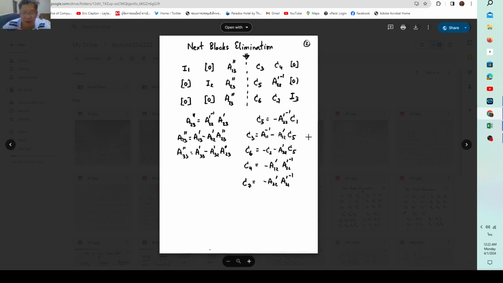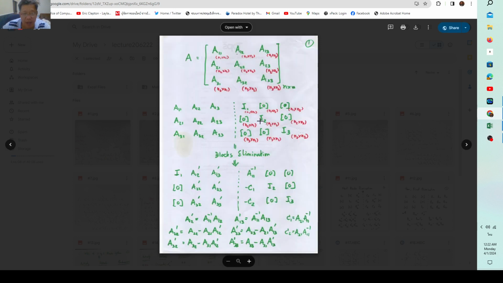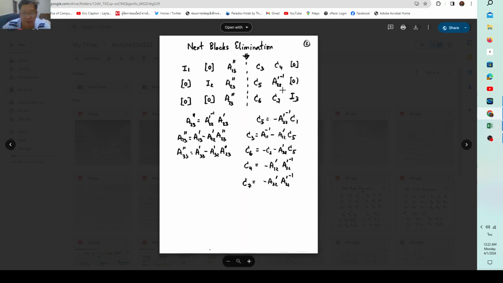So if you have minus C sub 1 multiplied by A22 prime inverse, it becomes C sub 5, okay. And then the last element is this I2, you get A22 prime inverse multiplied by I2 becoming A22 prime inverse, and this is 0. So this one becomes the pivot row, right, that we're going to use during the elimination.